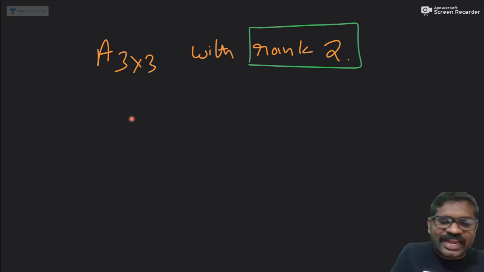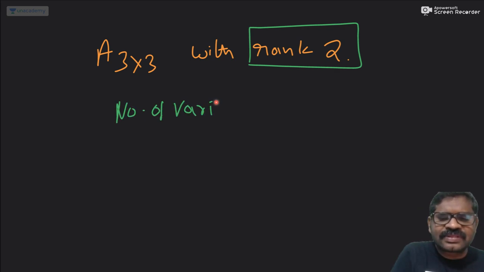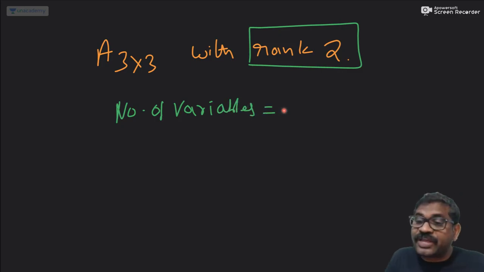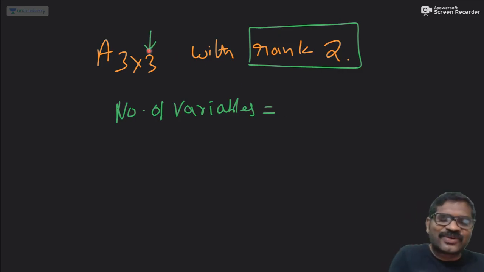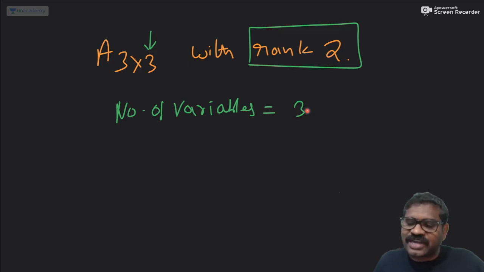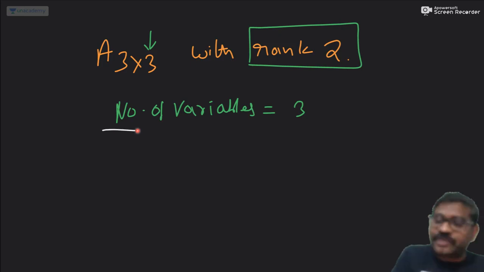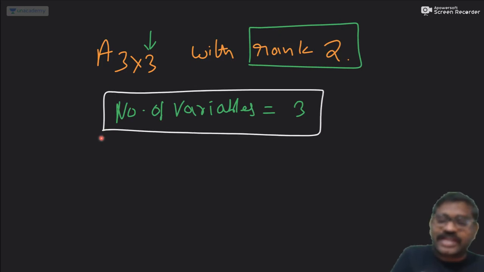Now number of variables, number of columns. Okay, number of variables equal to number of columns. Yesterday I have explained you clearly. Now rank of the matrix is 2 and the number of variables are 3.